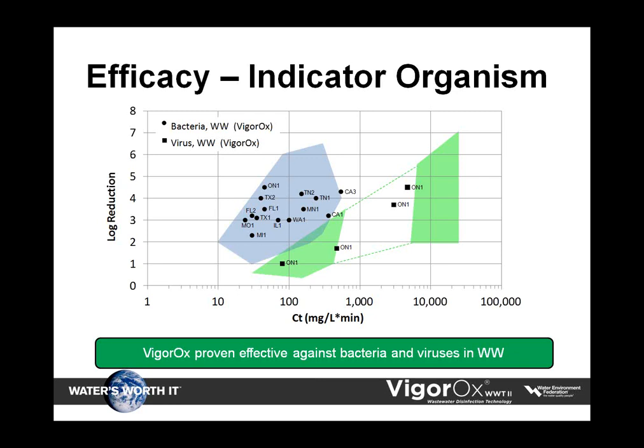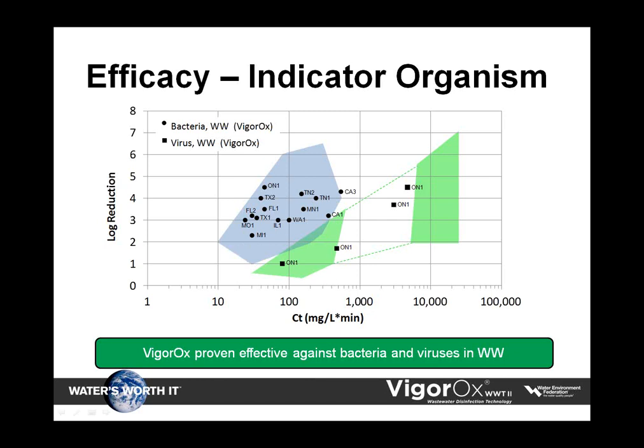Take, for example, MO1 over here, that's a plant in Missouri, and CA1 over here, a plant in California. Both plants achieved a 3 log reduction, but in Missouri, a CT value of 24 was required, down here, versus in California, where the CT value was 360, down here.